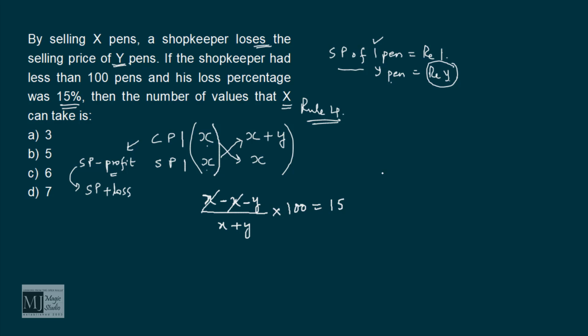X cancels out. So now what we have? Minus Y by (X plus Y) equals 15 by 100, that is 3 by 20. And since it is a loss, I can remove this minus sign again. No problem with that.